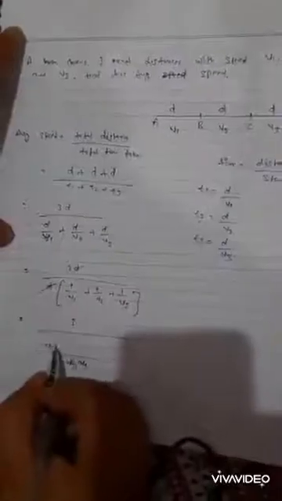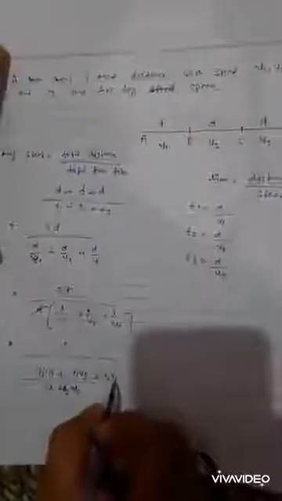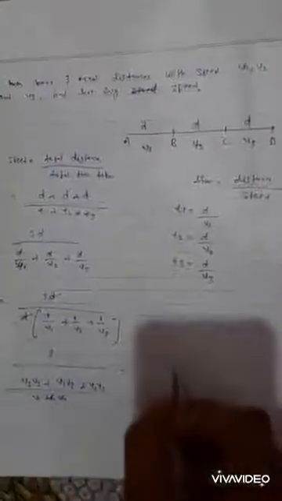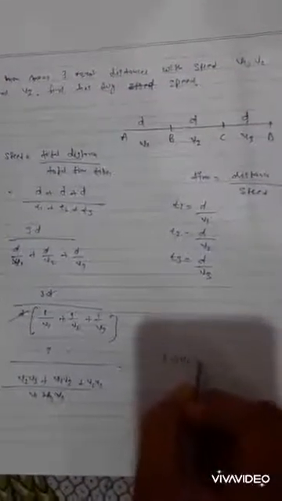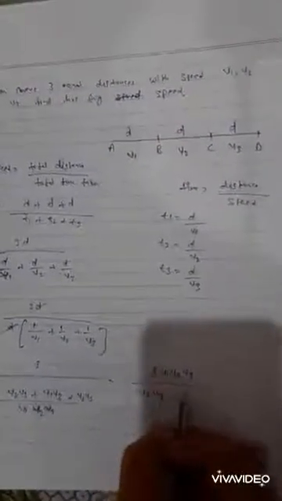Now after taking the LCM, V1 V2 V3 will be left with V2 V3 plus V1 V3 plus V1 V2. Then this term will go over there, giving 3 V1 V2 V3 by (V2 V3 plus V1 V3 plus V1 V2). So this is the final answer of average speed.